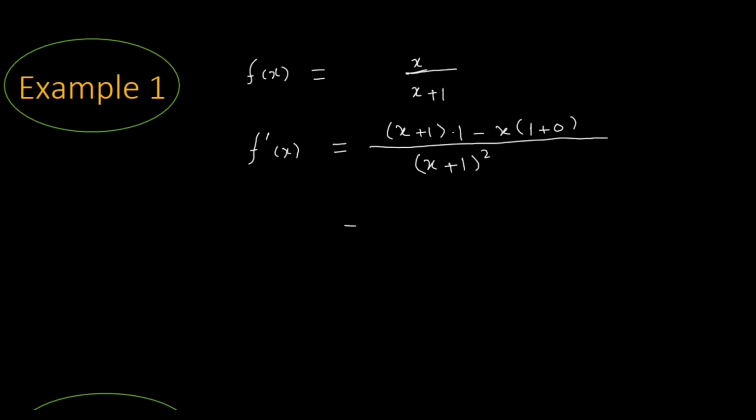So it will be equal to x plus 1 minus x divided by x plus 1 square, and x is cancelled, so this is 1 over x plus 1 square.